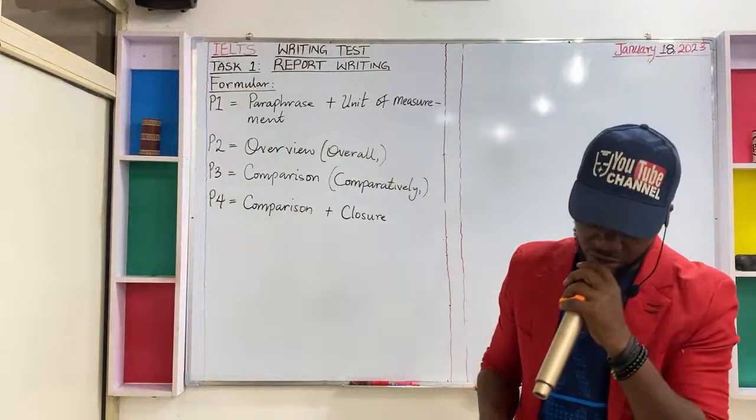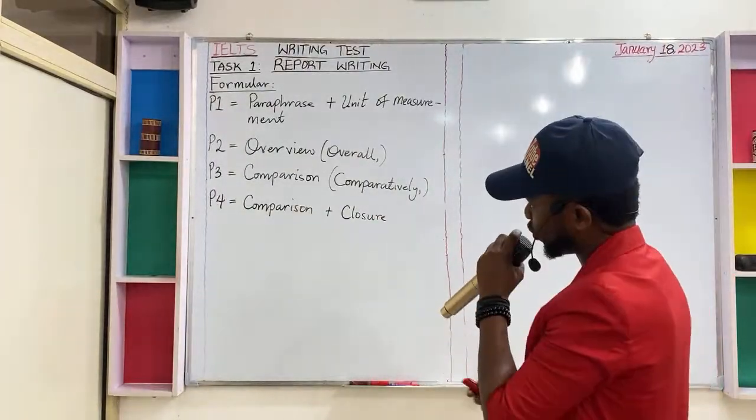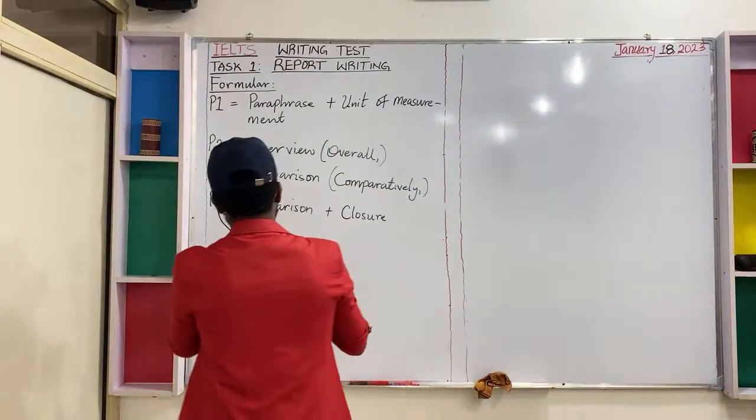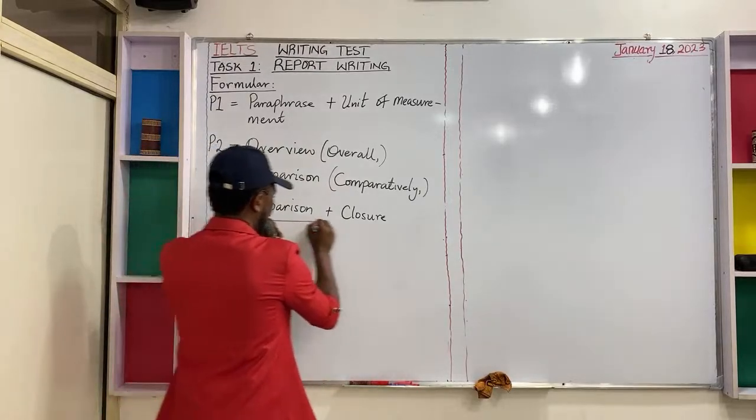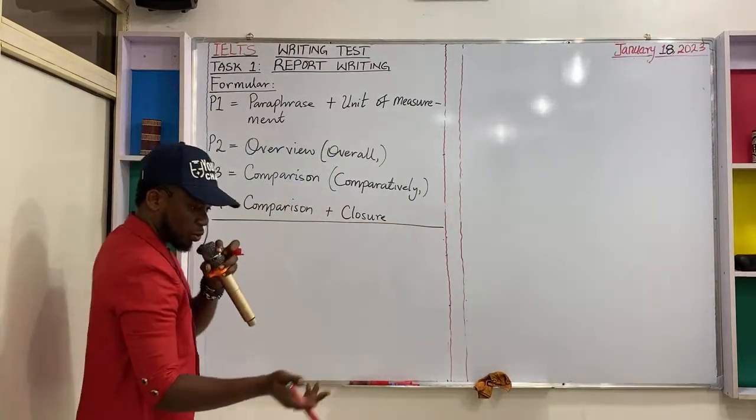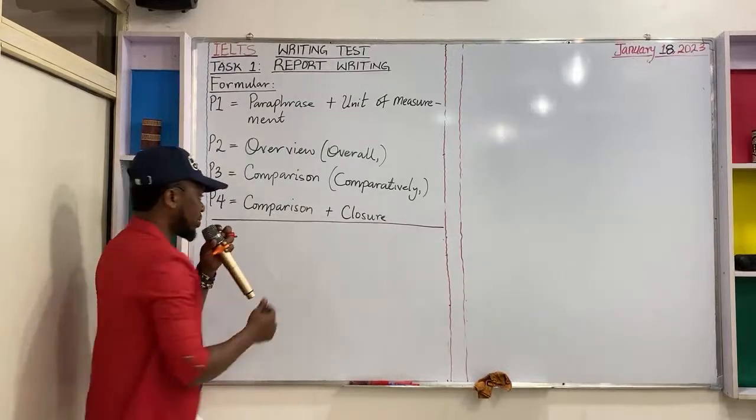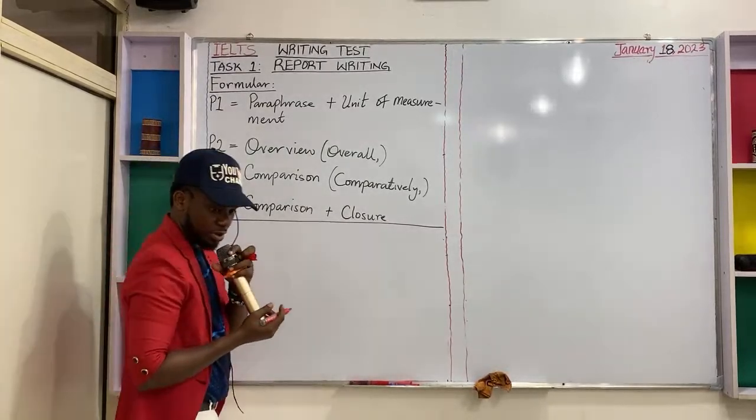The first thing you are to do when you begin your report writing, here is the question. Please, if you have it, can you read to me the question in the box?